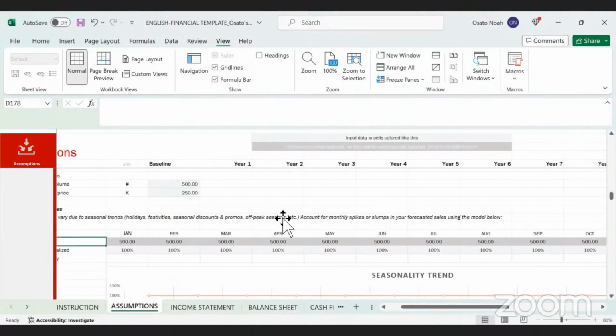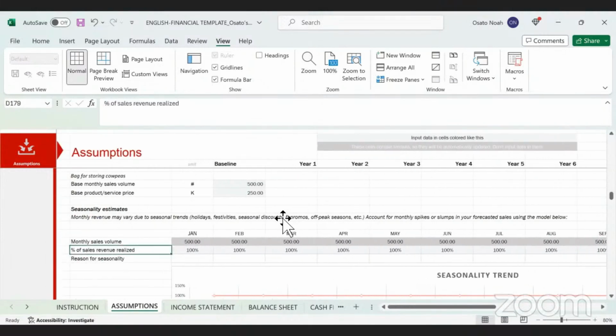then our incremental growth. Now, this is utilization, percentage of sales revenue realized. Now, this assumes that every year, all of our sales revenue are realized.